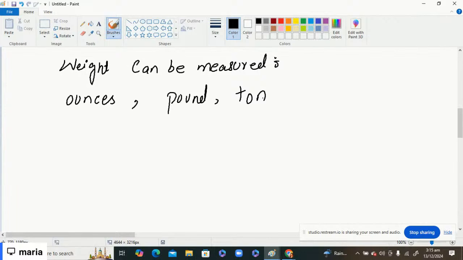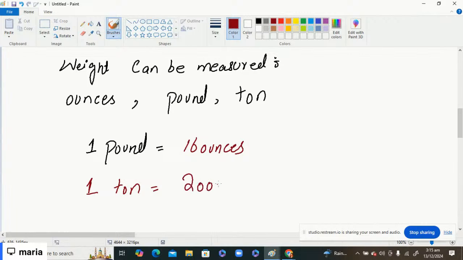Okay. Now here you need to know, 1 pound is equal to how many ounces? It's 16 ounces. 1 pound is equal to 16 ounces. And 1 ton is equal to how many pounds? 2000 pounds.